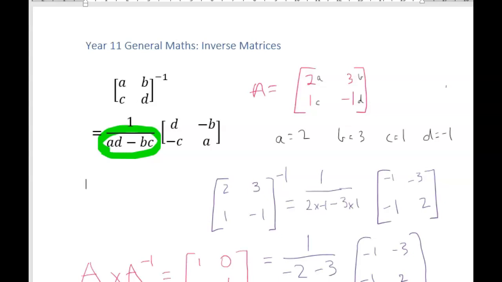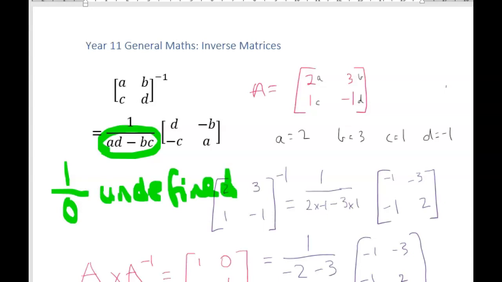So when we've got fractions that are 1 over 0, we say they are undefined. Okay, so we can't do it. So this part here, the determinant, is just telling us whether we can take the inverse or not. So AD minus BC is your determinant, and if it's equal to 0, then you can't take the inverse.